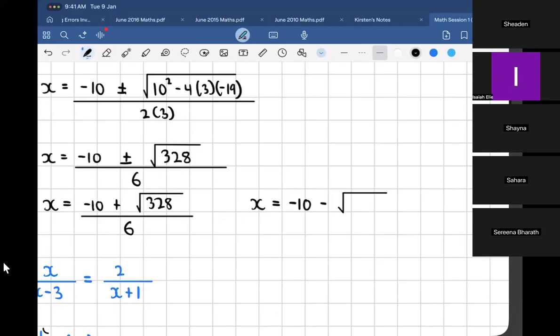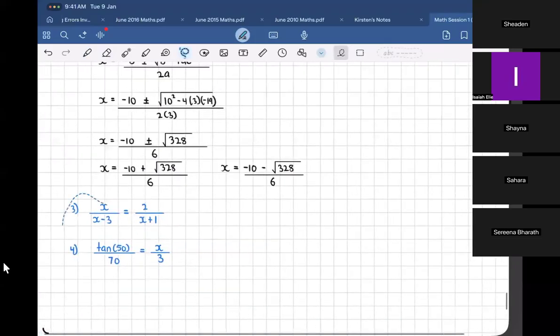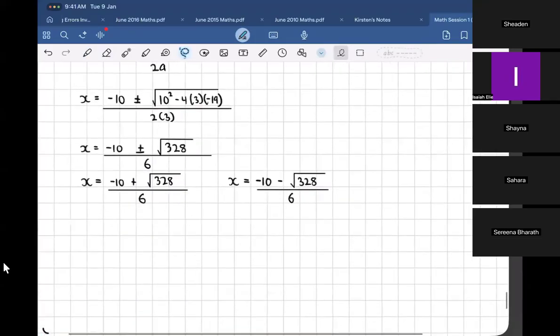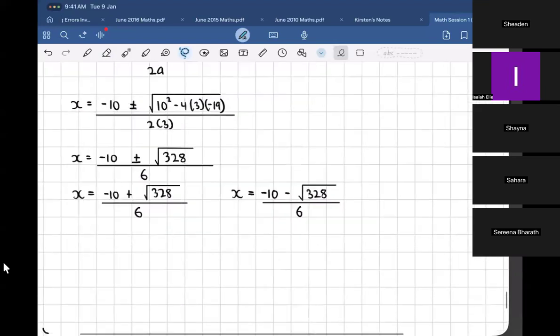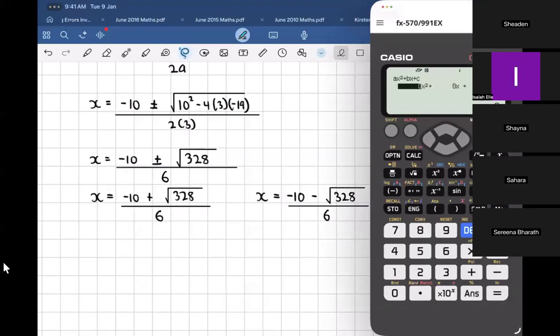I'll show you how to do that quickly. Could somebody just plug minus 10 plus root 328 over 6 into the calculator and let me know what you're getting? Let me do it.